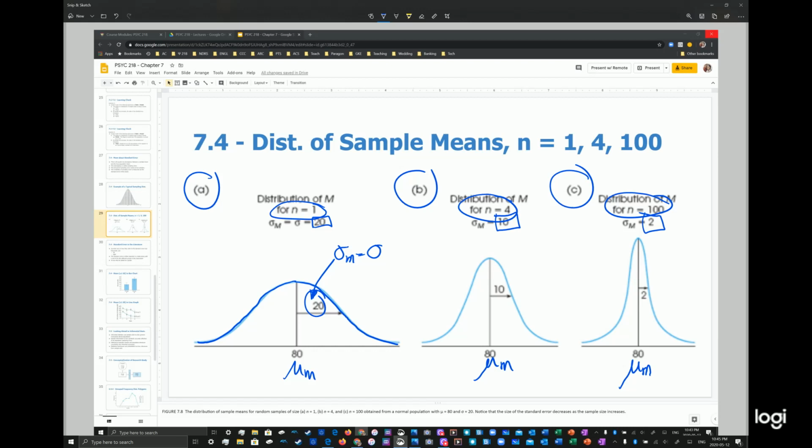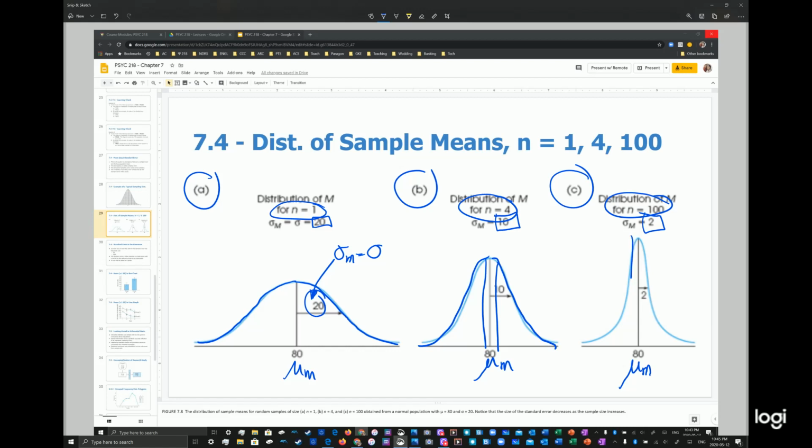So there you go. Again, in sampling distributions, the standard error decreases as the sample size used to get your sampling distribution of sample means gets larger. Notice, as sample size goes up to 4, it gets taller, and more sample means are piled up closer to the population mean.